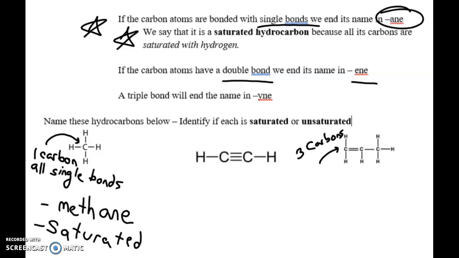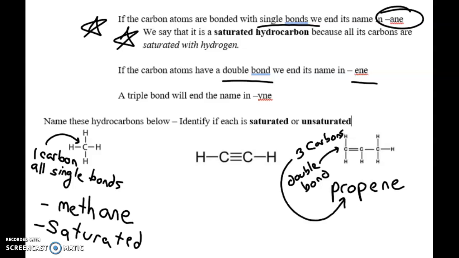So that's going to be that prop prefix, and there is a double bond present there. So that's going to be prop, and the ending is going to be ene. And that's all we really need to do with that. 3 carbons gets you the prefix. The double bond is going to get you that ending.